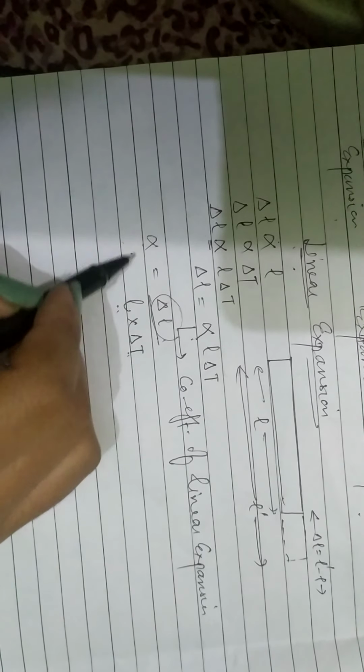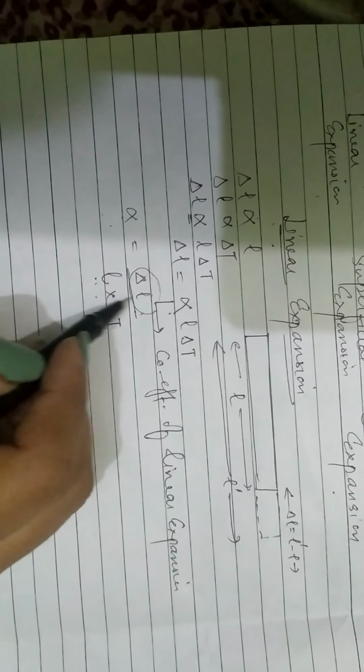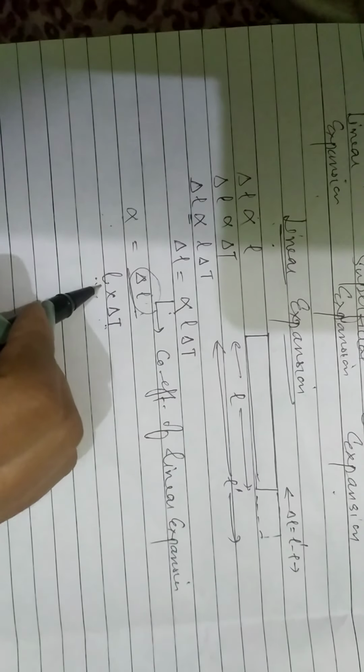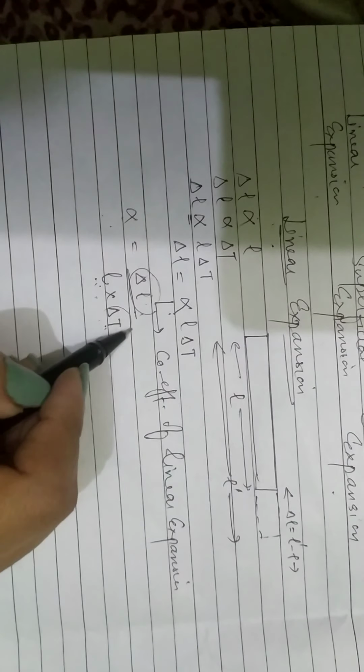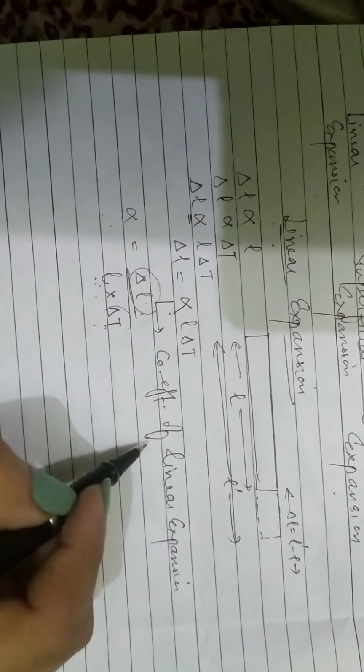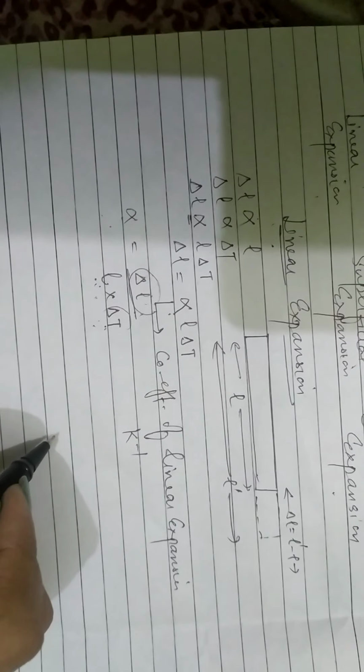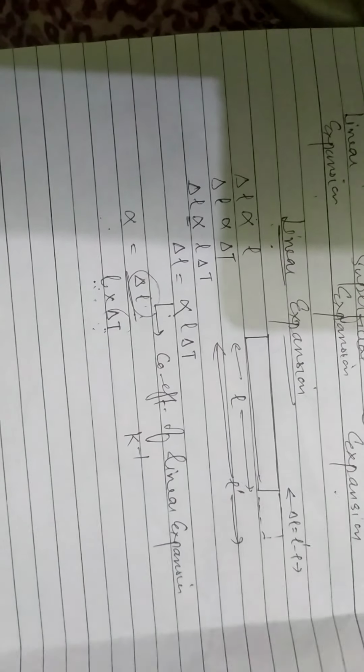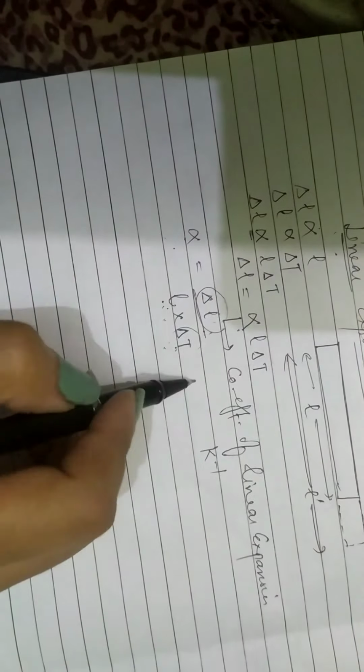That is called the coefficient of linear expansion. And from here it is clear what the units will be. Meter and meter get cancelled with each other, and for delta T, the SI unit of temperature is Kelvin. So the units of the coefficient of linear expansion are Kelvin inverse or Celsius inverse, whatever units you want to take. These are the units of alpha, the coefficient of linear expansion.